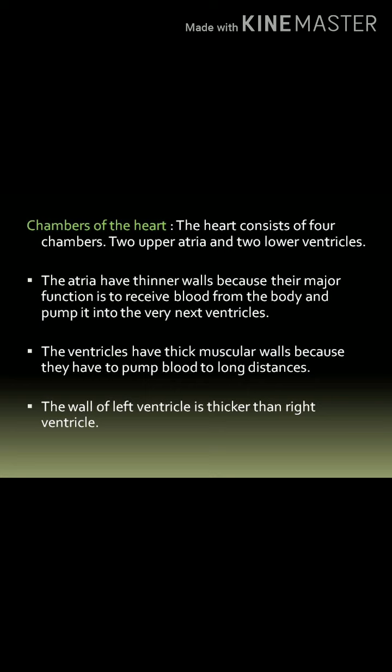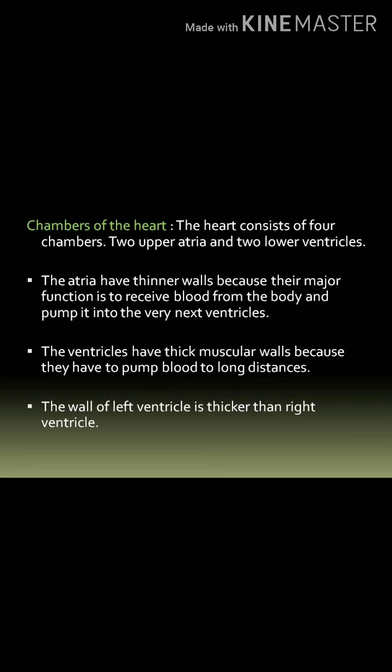The right ventricle pumps blood only up to the lungs for oxygenation, but the left ventricle pumps it up to the farthest points in the body, such as the toes in the feet or the brain, against gravity, and so its walls are thicker.